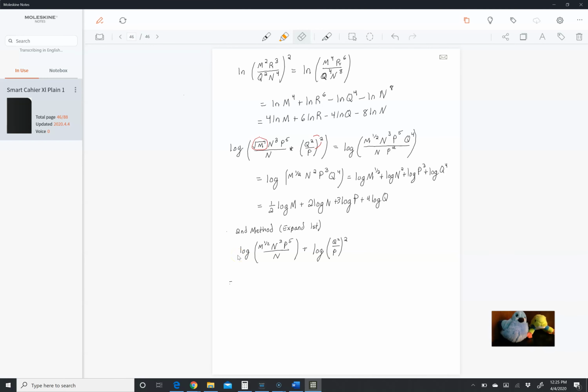So what that means is we have log of m to the 1/2 plus log of n cubed plus log of p to the 5th minus log of n. Now we have plus this, and we can take this 2 and we can move it out to the front.